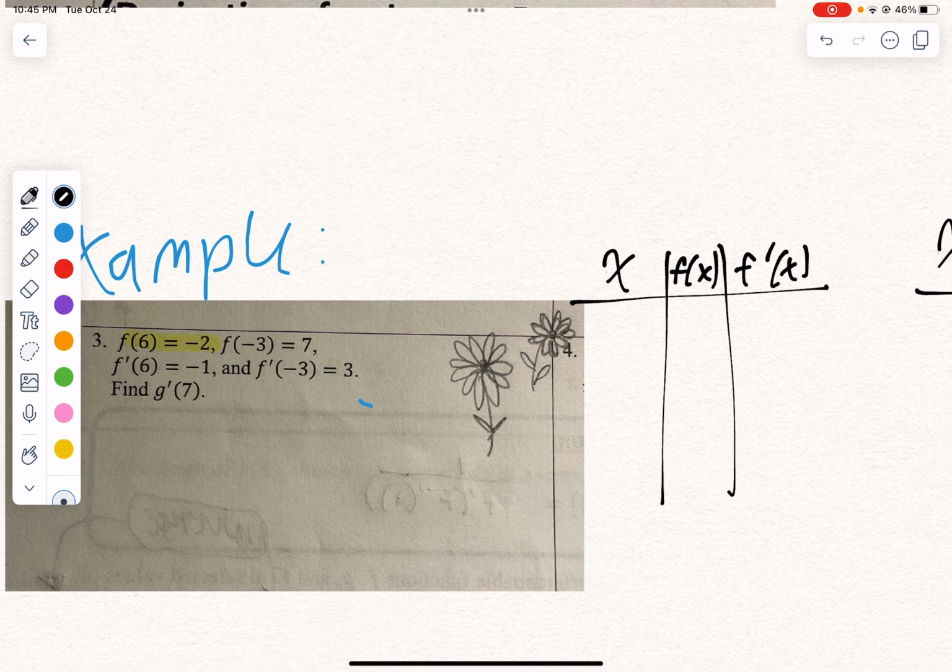So we're going to be plugging in a 6 right here, and we know that value specifically equals negative 2. F of negative 3 equals 7. And f prime of 6 equals negative 1, and f prime of negative 3 equals 3.